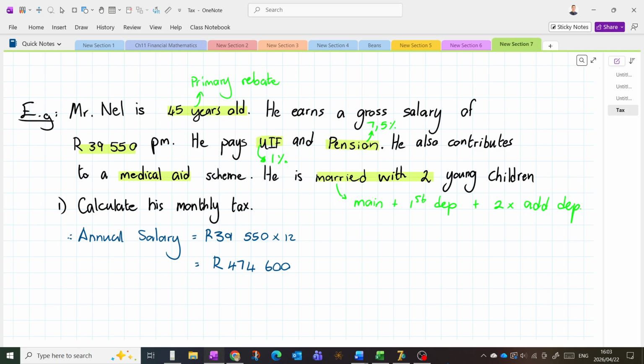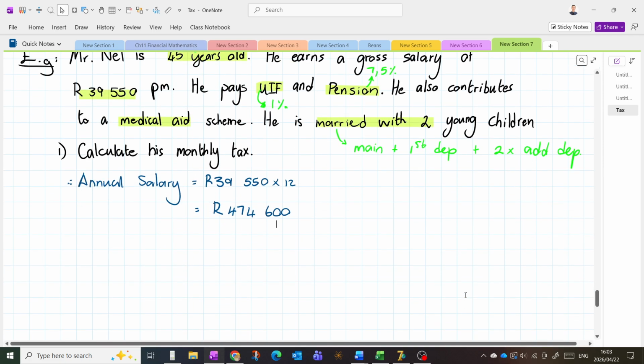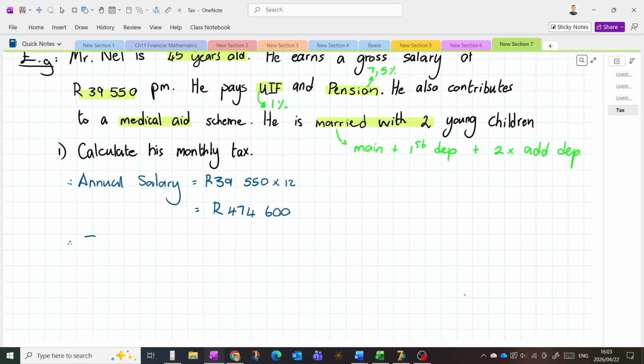Then we need to calculate his pension contribution, and we also need to calculate his UIF contribution for the year. So let's do that. UIF we know is 1% of his annual income.